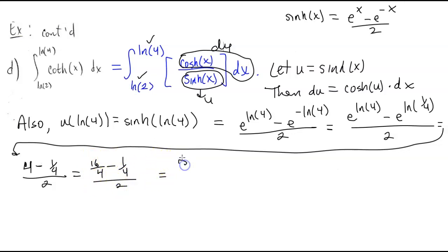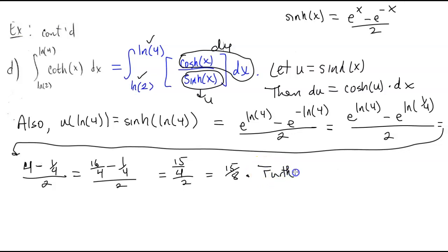And our numerator ends up being 15 over 4. And that will end up just being 15 over 8. Okay. So that would be our first, our upper limit of integration here.